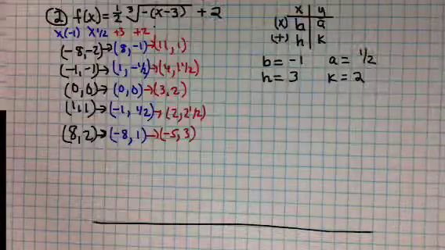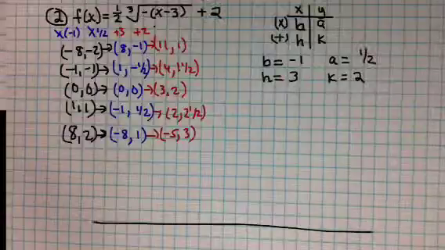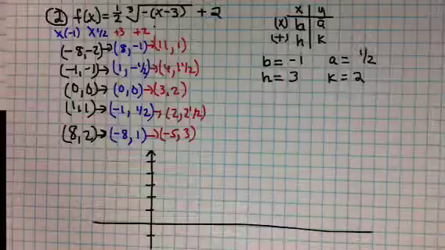I'm going to try to fit in the 11, 1 since we took the time to work with it. So I have 1, 2, 3, 4. So I can just put the y-axis here. So 1, 2, 3, 4, 5.